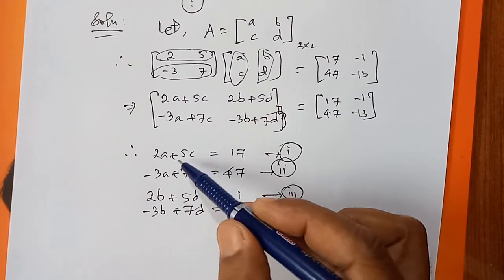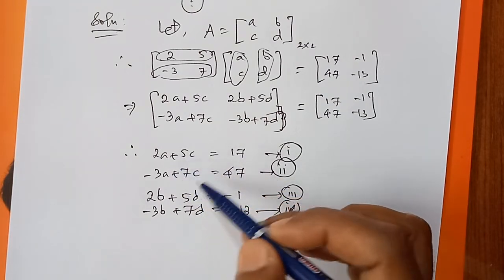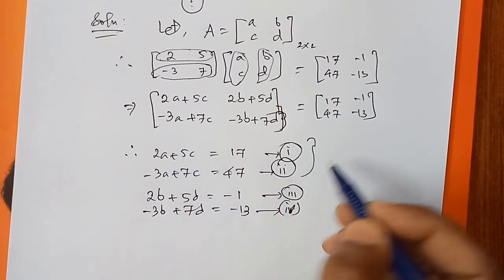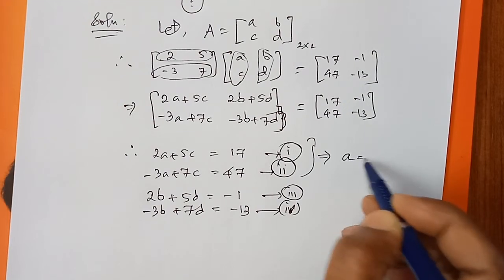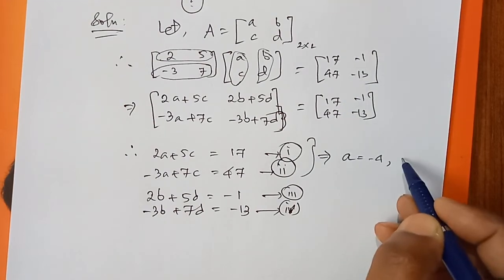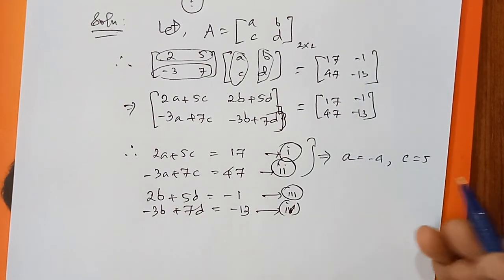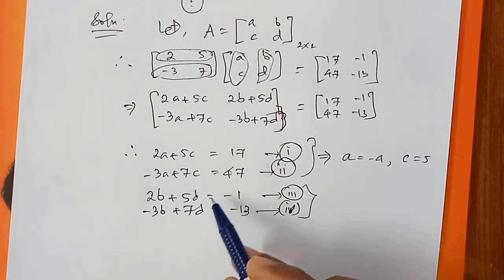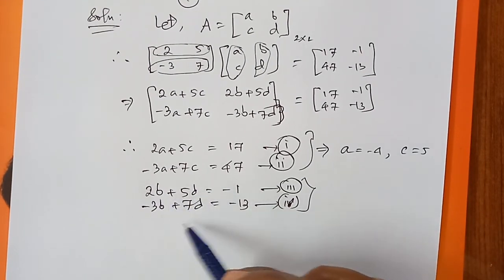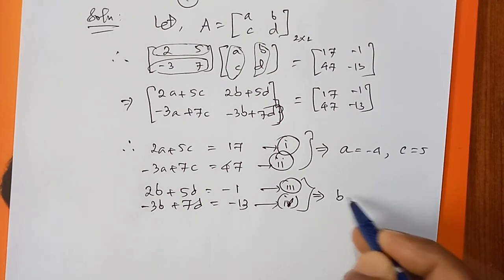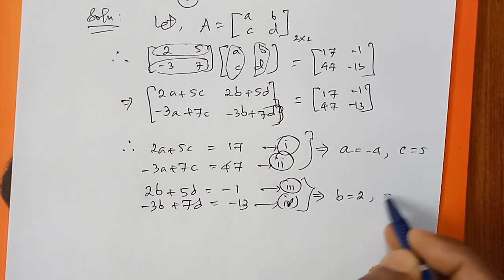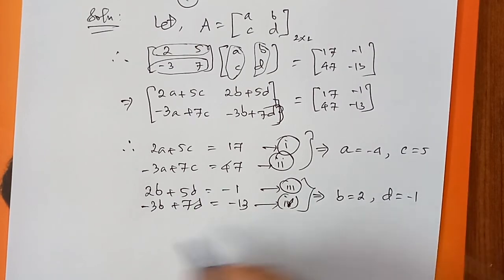Here you see these two equations contain two unknowns, a and c. When you solve these two, your solution will be a equals minus 4 and c equals 5. And when you solve these two equations in terms of b and d, this will give b equals 2 and d equals minus 1.